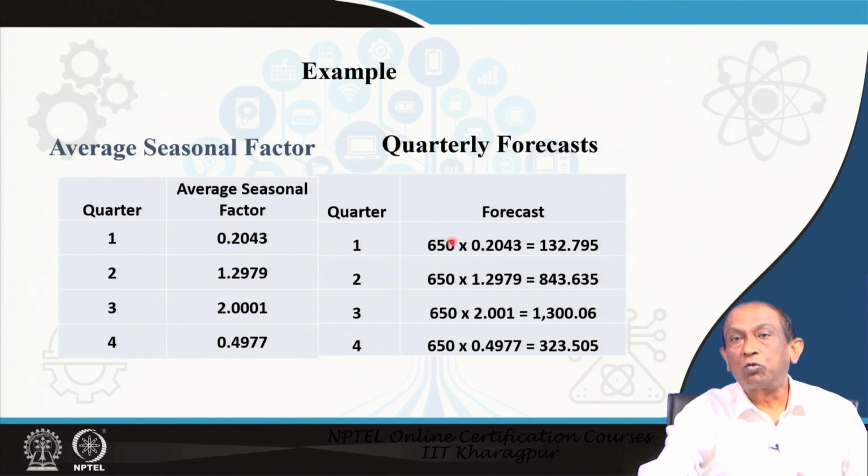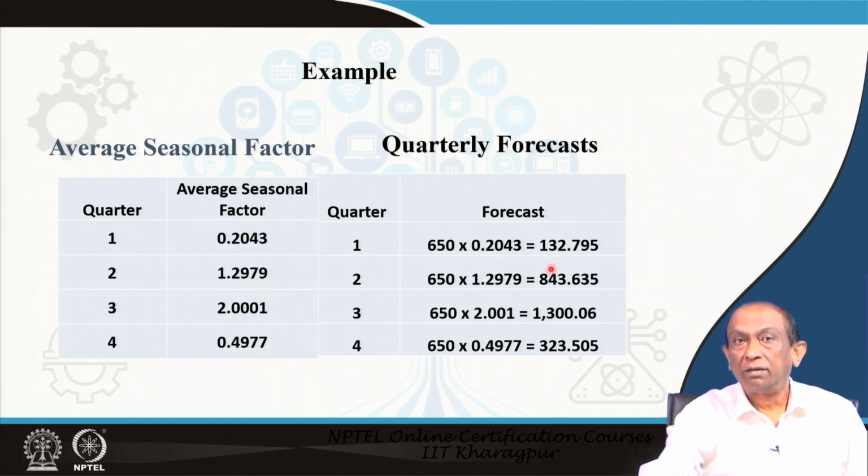Then for each quarter we multiply it by the corresponding average seasonal factor for that quarter to arrive at the estimated demand for that particular quarter, considering the seasonality in the demand pattern.